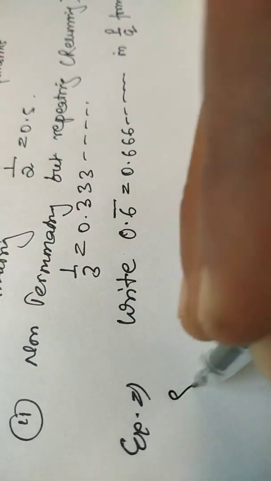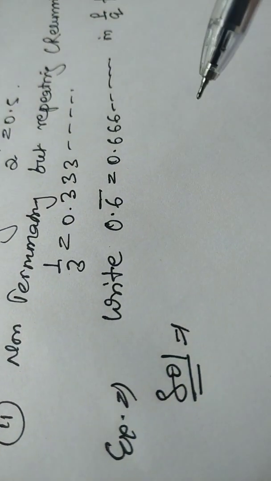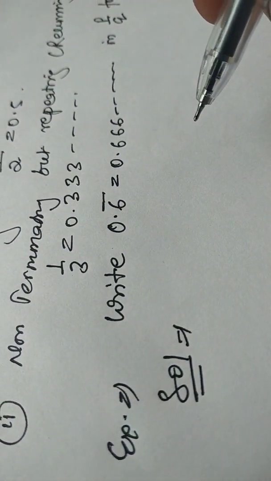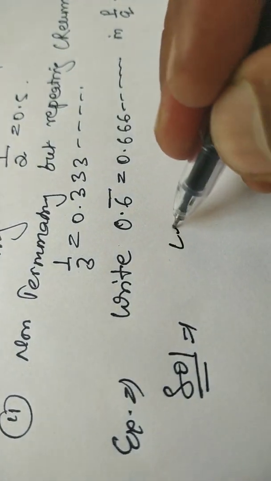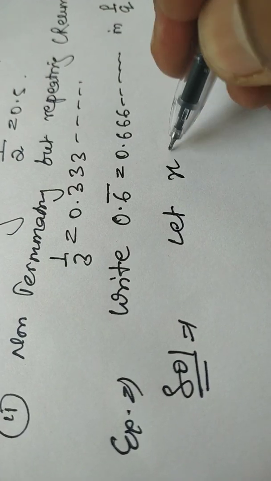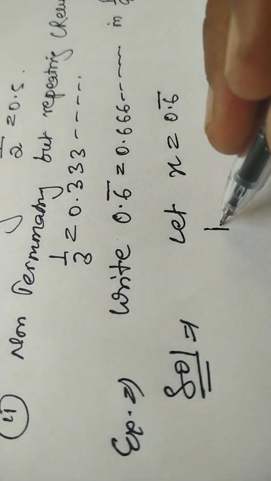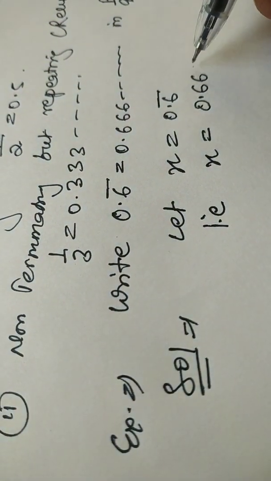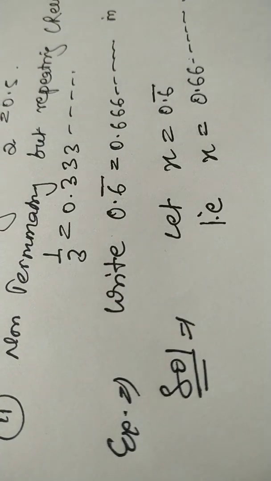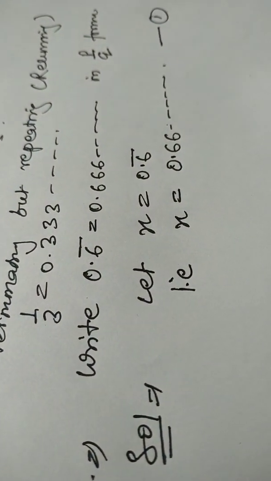That is the solution. Let's take this as a variable. Let x be equal to 0.6 bar, that means x is equal to 0.66 dot to infinity. Let's take this as equation number 1.